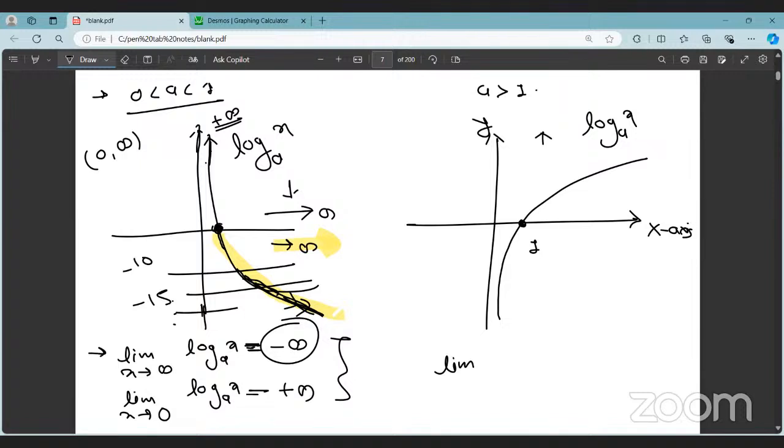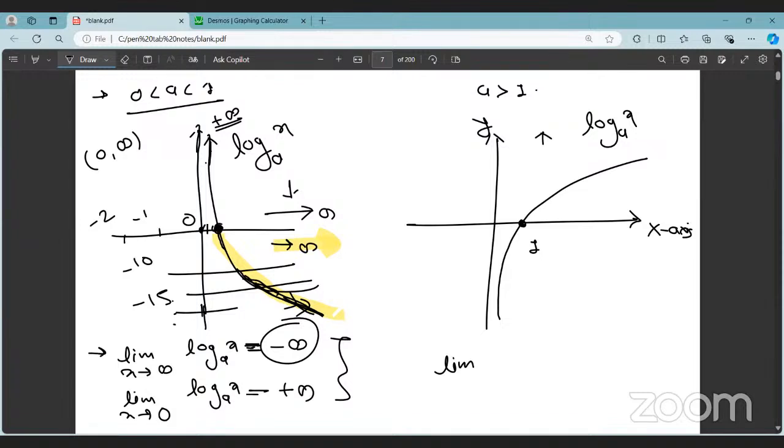And the limit as x goes to minus infinity doesn't make sense here because we don't have outputs over the negative real axis, like -1, -2. We don't have such values. That's why we took the limit as x goes to 0, because we can go closer and closer to the point 0.